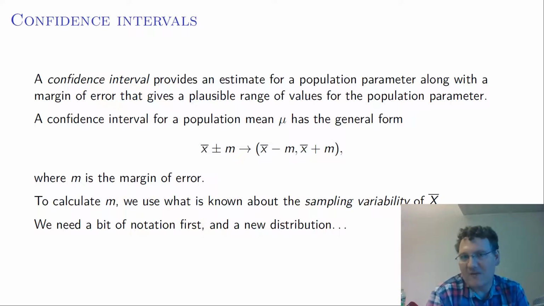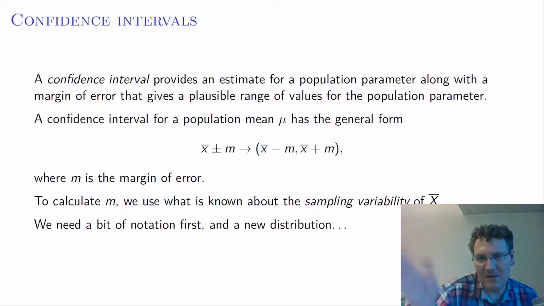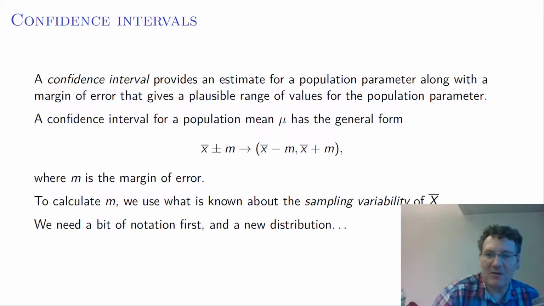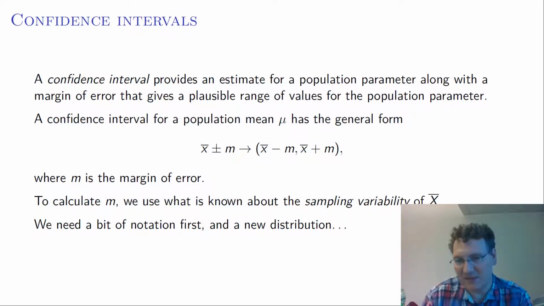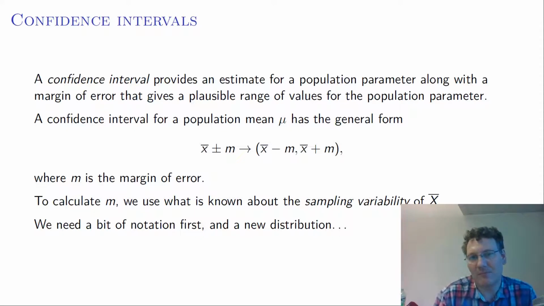This is called a confidence interval, and it can be calculated using some formulas or using some functions in R, and we'll talk through those. But the idea is that you take your sample mean, and then you add and subtract some margin of error. The margin of error is calculated based on the standard deviation within the sample, and it has to do with the sample size and how sure you need to be that your interval correctly estimates the population mean.